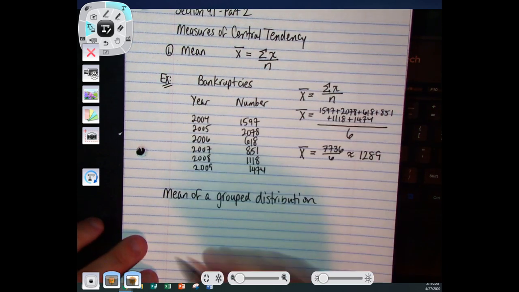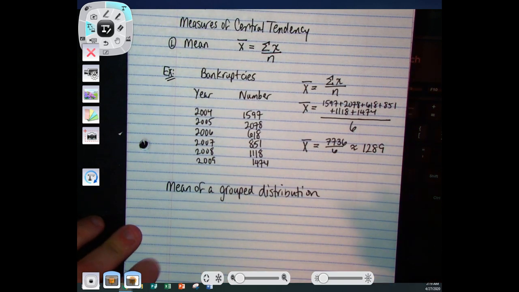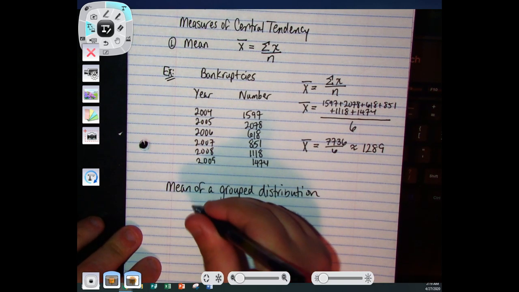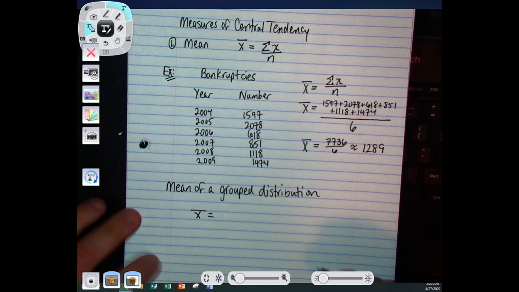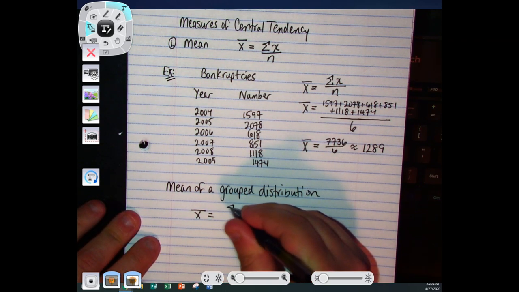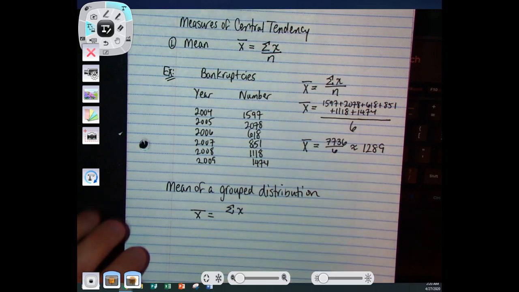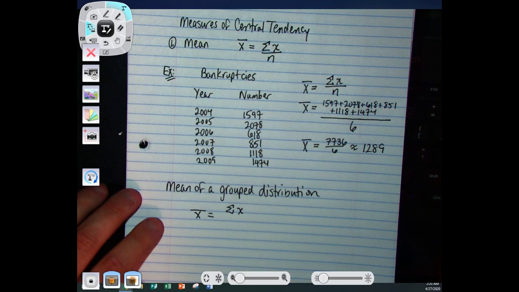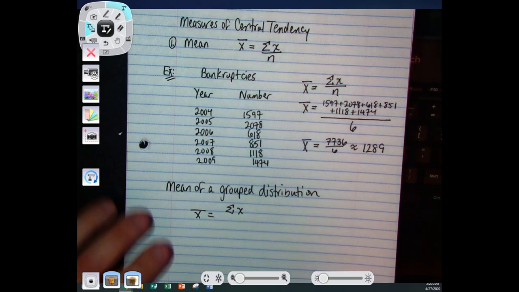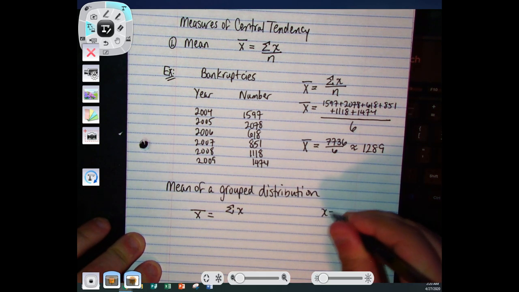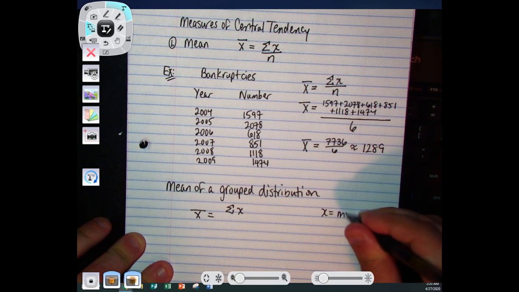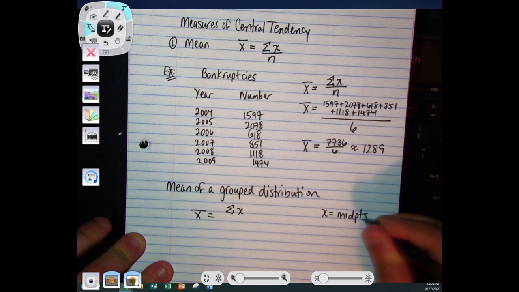So to find the mean of the group distribution, we still use x bar, but this time we take the summation of all the x's, where x in this case is going to represent the midpoints of each of those.